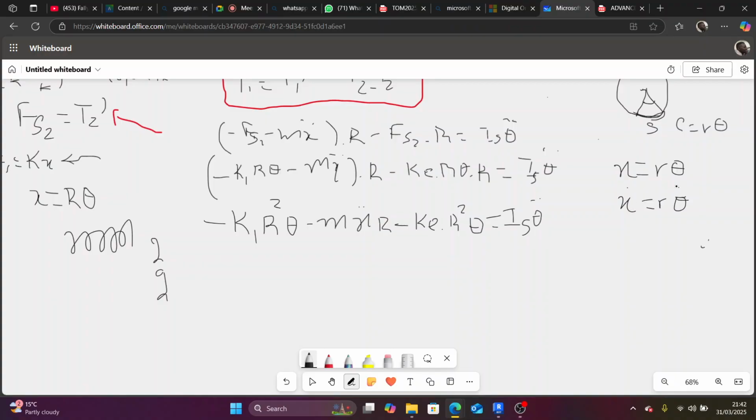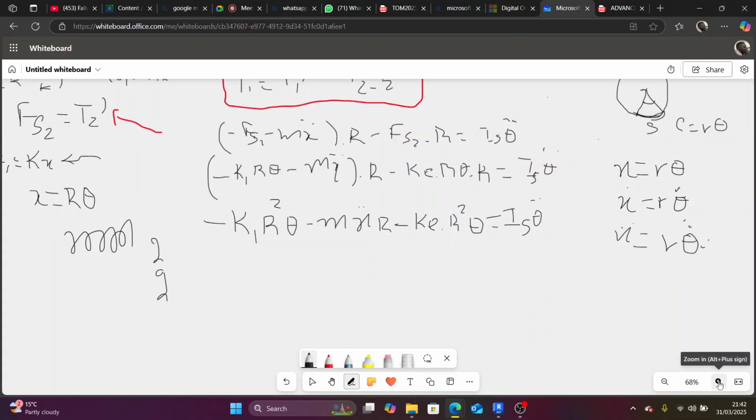Simply r theta dot. The only reason r is still here is because it's a constant. You're only differentiating theta, and because you are differentiating in terms of time, theta becomes theta dot. If you want to get x dot dot, what will be the expression?